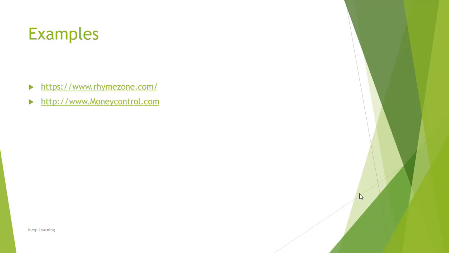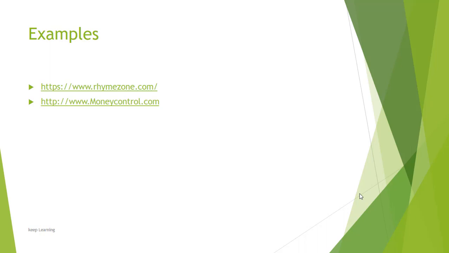I have taken 2 examples here. One will be rhymezone.com, which is a kind of dictionary website, which gives you synonyms of words, and so forth. We will try to scrape and get data out of it for a given word. Then we are going to look at another website, moneycontrol.com, which is a stock market website.